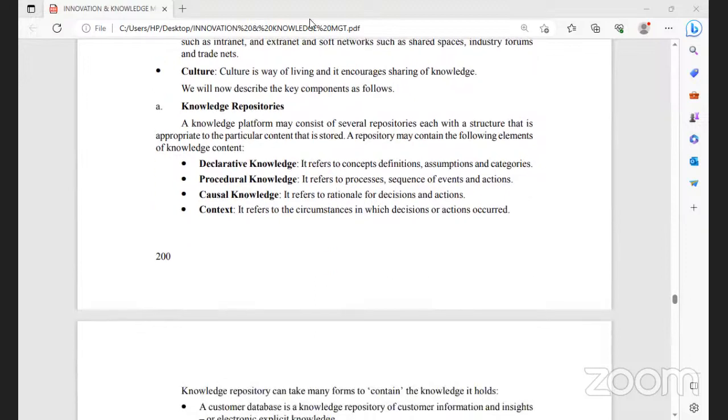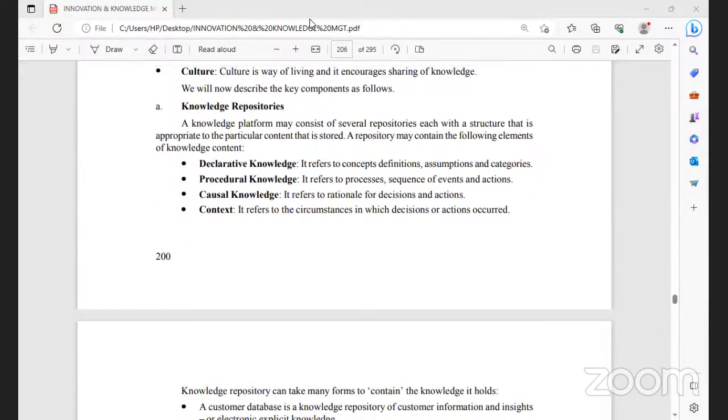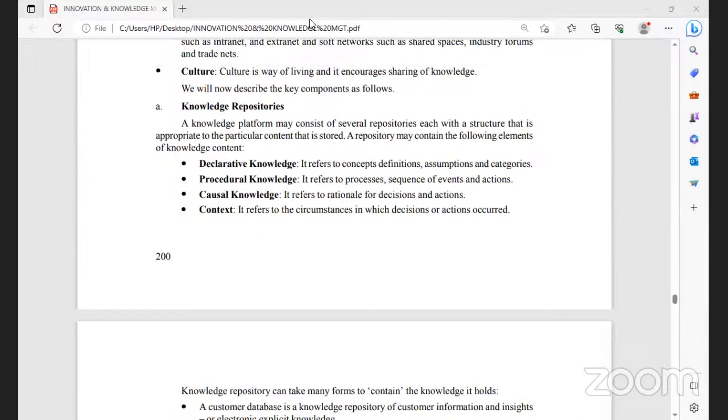What does declarative knowledge consist of and refer to? It refers to concepts, definitions, assumptions, and categories. Procedural knowledge refers to processes, sequence of events and actions. Causal knowledge refers to rationale for decisions and actions. Context refers to the circumstances in which decisions or actions occurred.